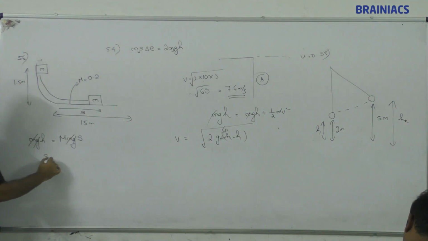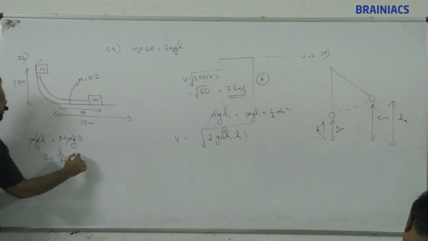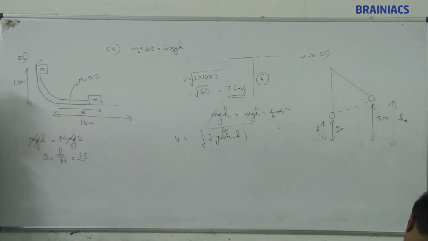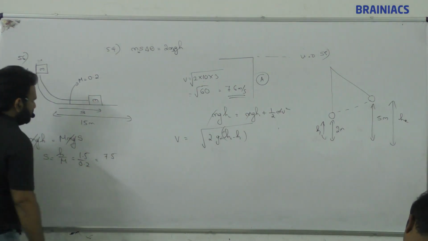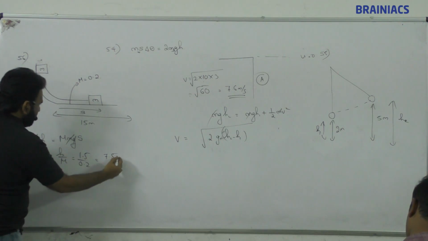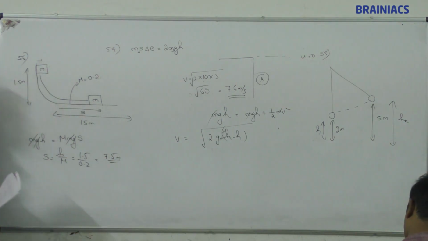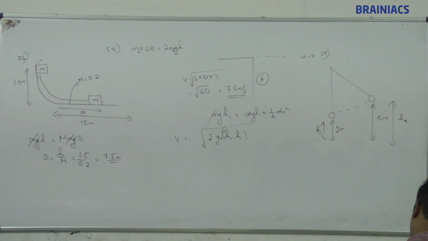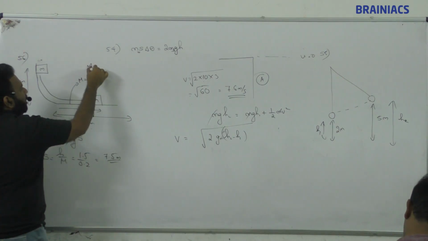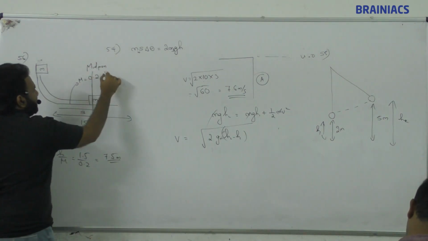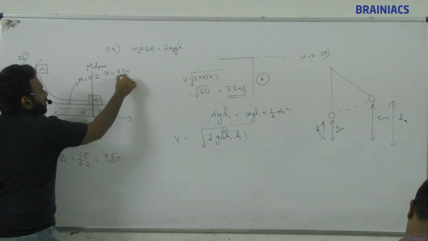Answer: 1.5 divided by 0.2, so our answer is 7.5 meters. So option B. The total length is given as 15 meters, so exactly at the midpoint, at s equal to 7.5 meters, it will stop.